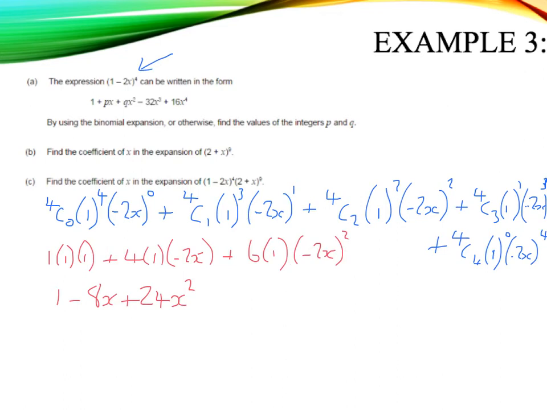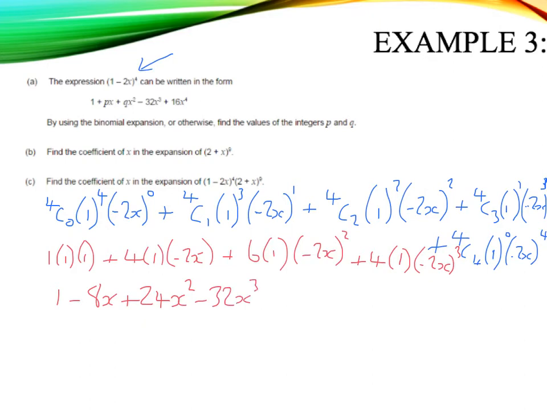Okay, next term, 4C3 is 4. So plus 4 multiplied by 1 multiplied by minus 2x cubed. Minus 2x cubed is going to be minus 8x cubed. So minus 8 multiplied by 4 is minus 32.